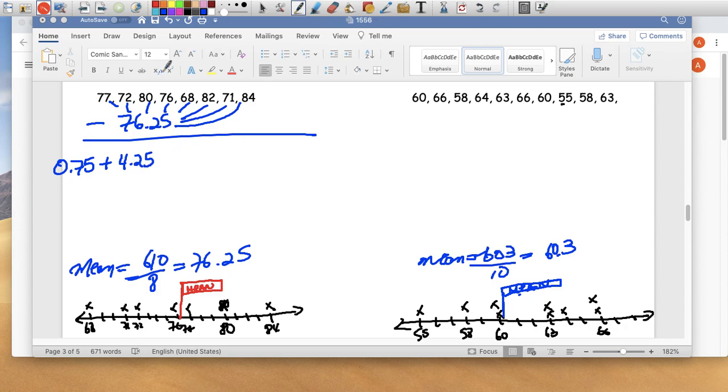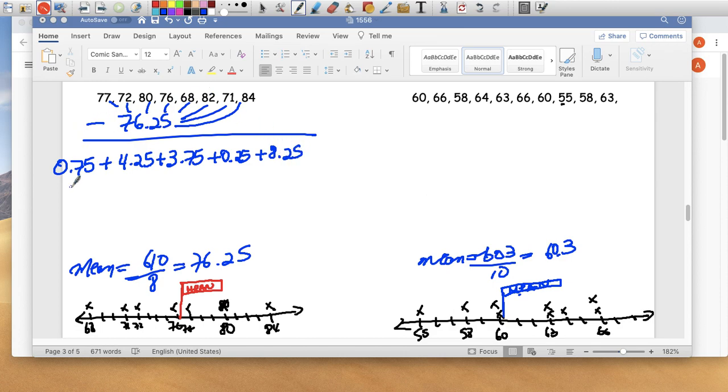Because distance can't be negative, nothing is going to be negative. If you're standing on 72 and you have to walk to 76.25, you would take 4.25 paces. If you were at 80 and you had to walk to 76.25, you would walk 3.75. Next one, 0.25. If you were at 68 and you had to go there, you would walk 8.25.